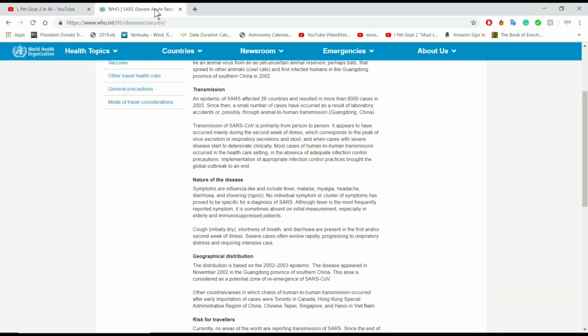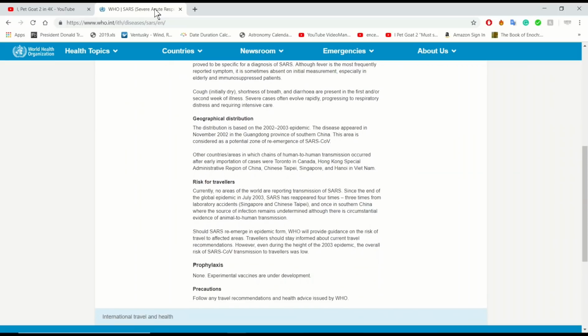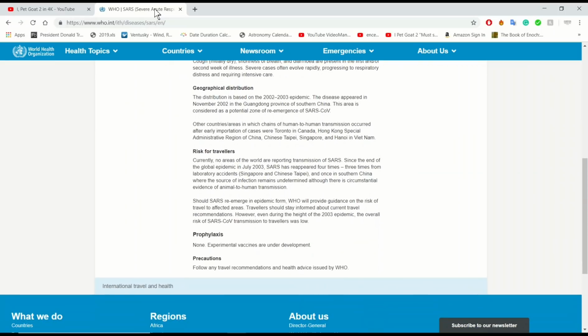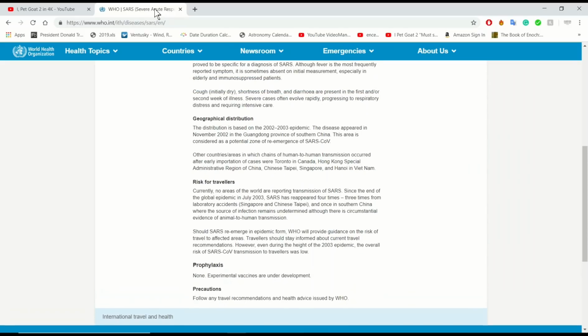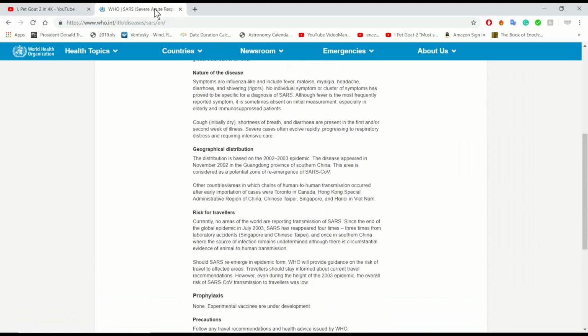Obviously, it's a potential virus that could be weaponized, made airborne, and because it mimics the flu, it's pretty difficult for doctors to diagnose it straight away. It's often misdiagnosed. That's what they say here.